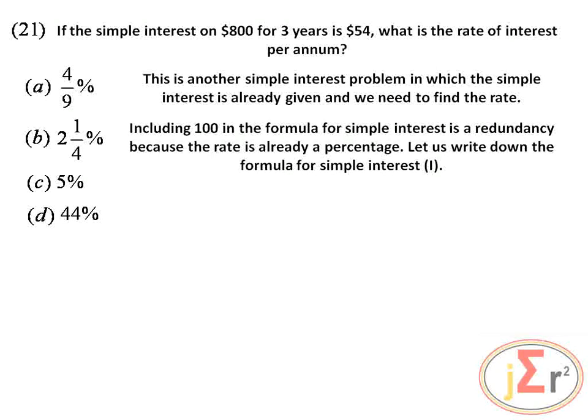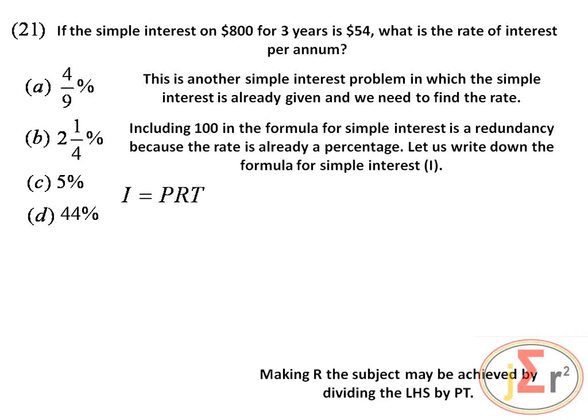Including 100 in the formula for simple interest is a redundancy, as we have stated before, because the rate is already a percentage. Let us write down the formula for simple interest. And that is equal to principal times rate times time.